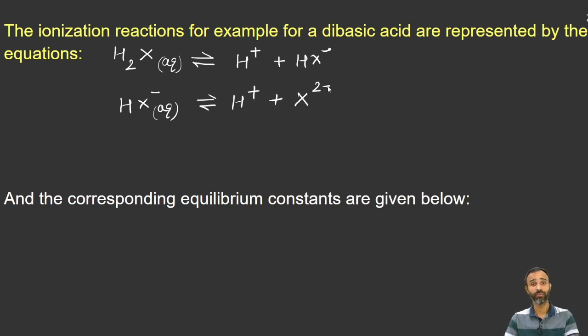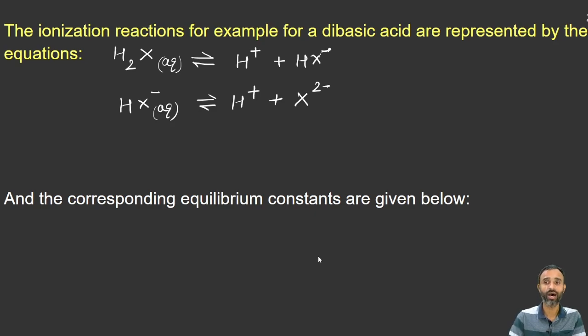Got it? Because when one H plus ion is removed from H2X, we get H plus and HX negative, and when we have HX negative, it gives H plus and then negative charge, now it is 2 negative.